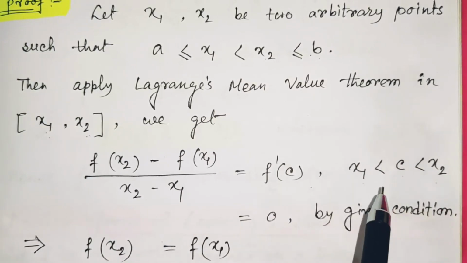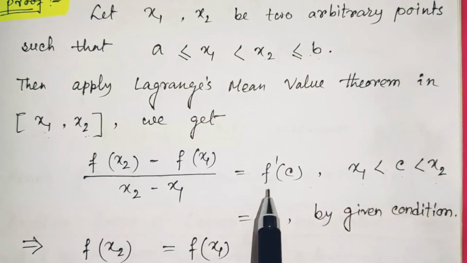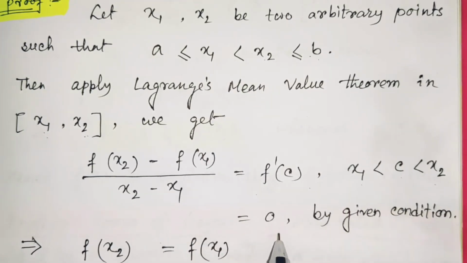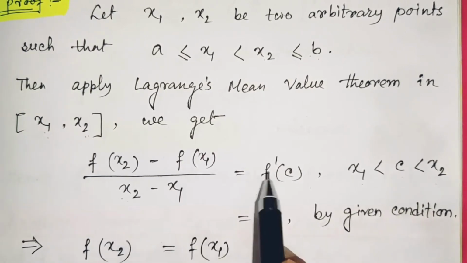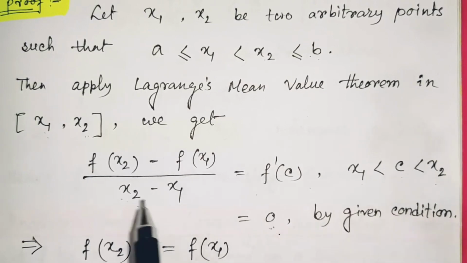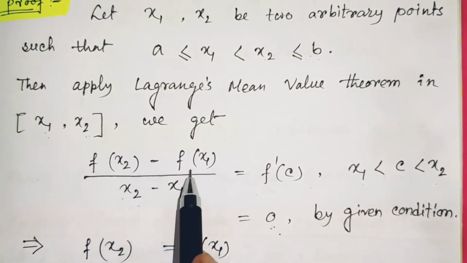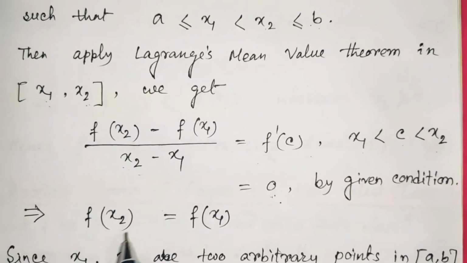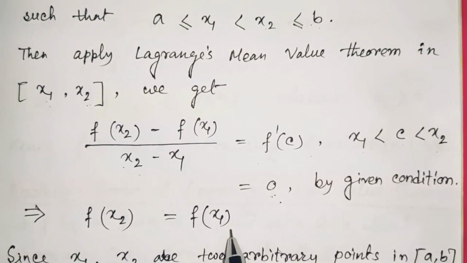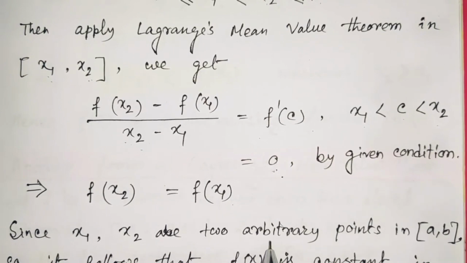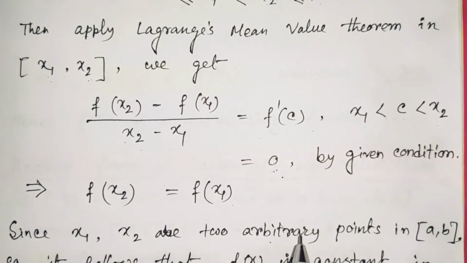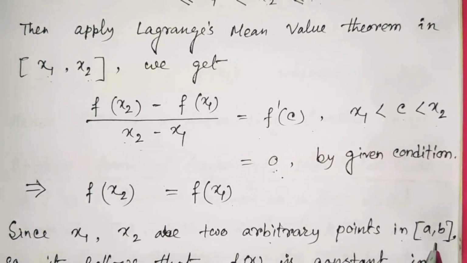According to the given condition, within this range, this derivative value is 0. So what we will find out from here is that this one multiplied by 0 means 0, and we will get f of x2 is equal to f of x1. So x1 and x2 are two arbitrary points, and they are different, lying within the interval ab.